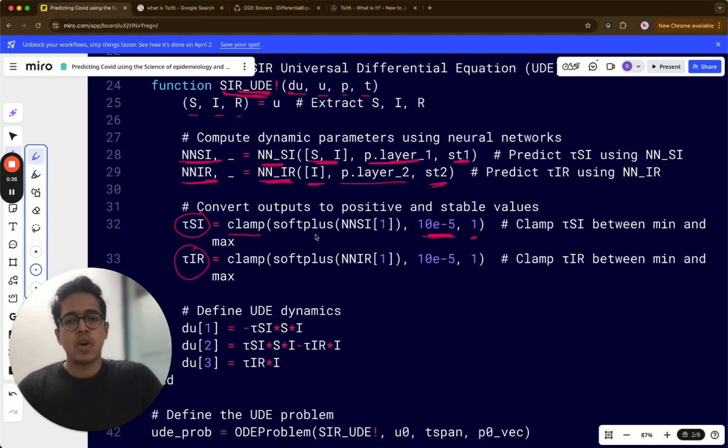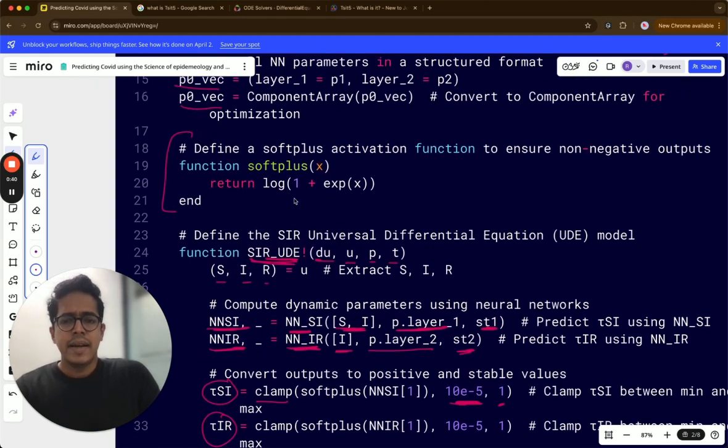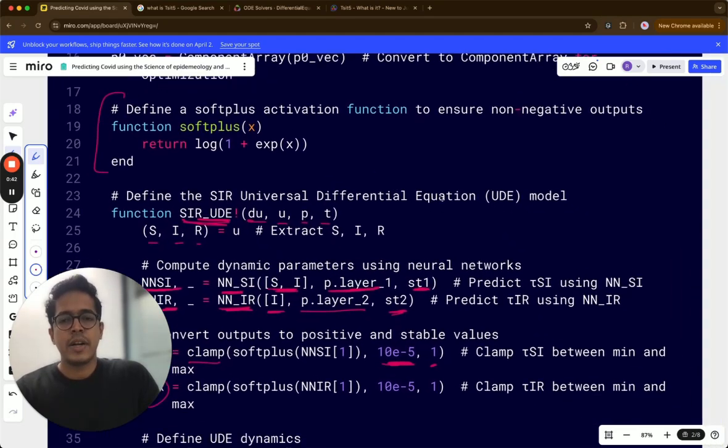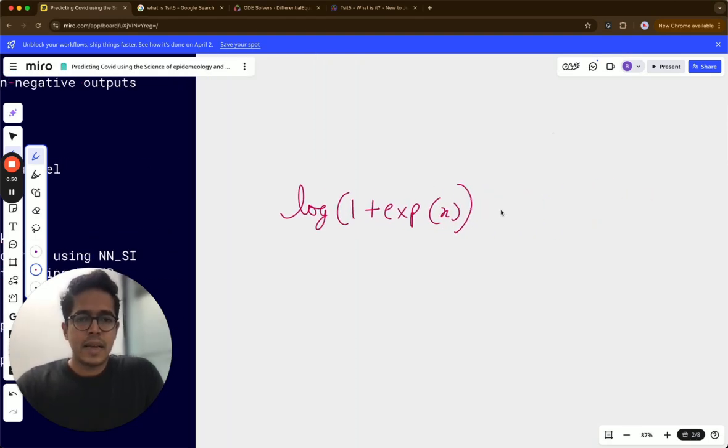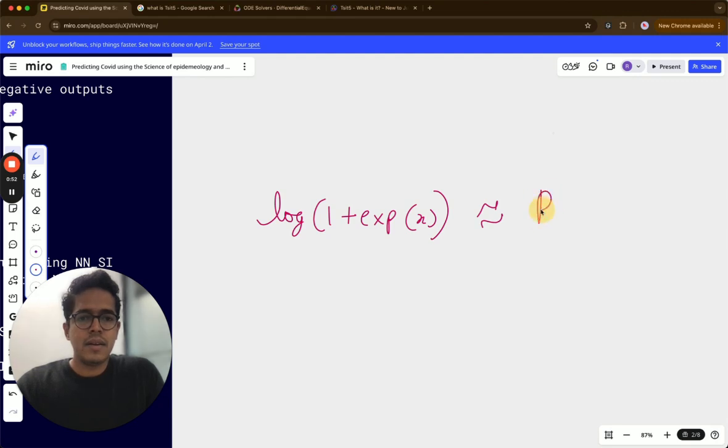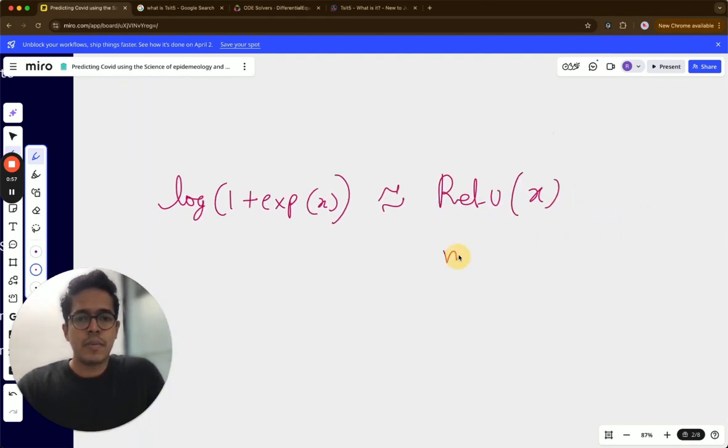Now then, what is this softplus? If you look at the definition of softplus here, it is the logarithm of 1 plus exponent of x. So log of 1 plus exponent of x is approximately like ReLU of x, which is max of 0 and x.